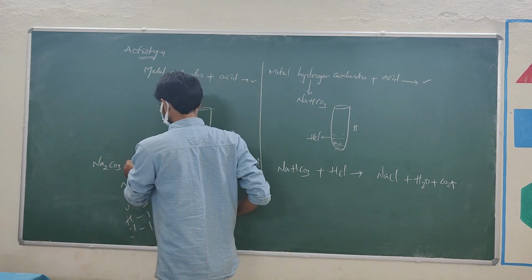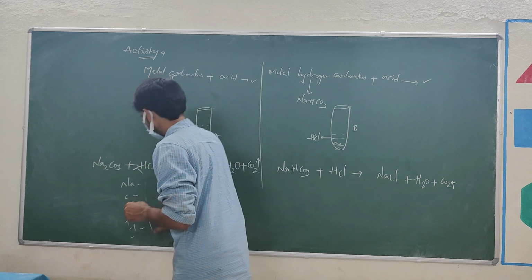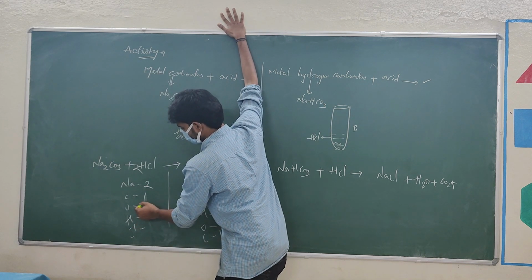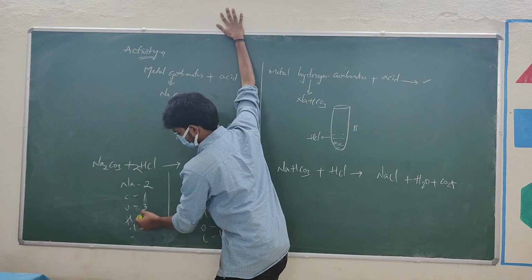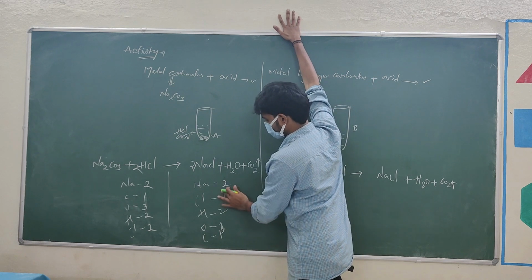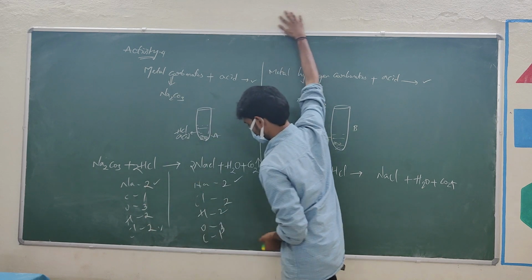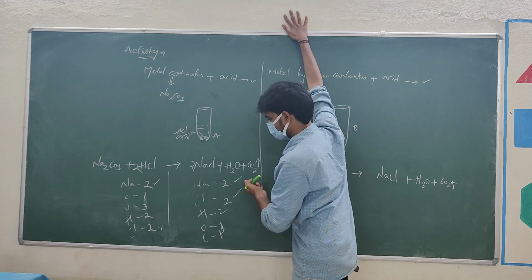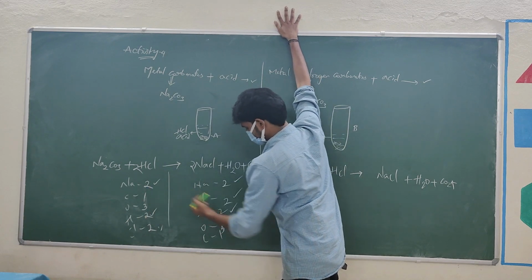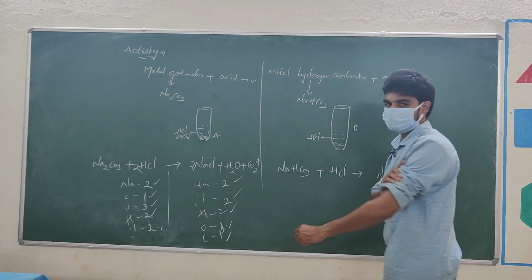Here 2 sodiums, so let's put 2 here and 2 here. Now we got 2 sodiums, 1 carbon, 3 oxygens, 2 hydrogens, 2 chlorines. 2 sodiums balanced, 2 chlorines balanced, 2 hydrogens balanced, oxygens 3 balanced and carbons 1 balanced. This is overall a balanced chemical equation.